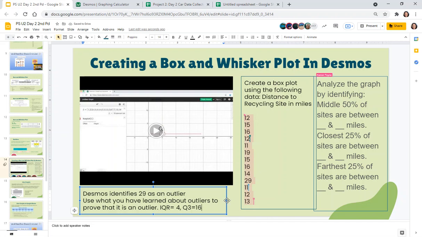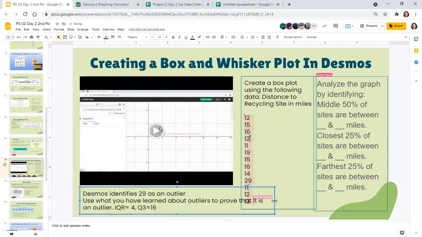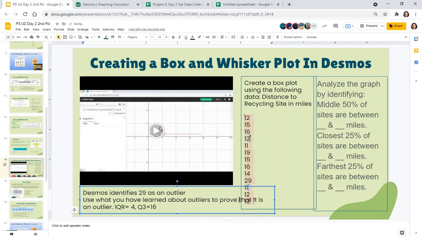And so that means, I'm going to make this bigger so I can keep typing. So if we want to do Q3 plus 1.5 times IQR, that gives us 22.